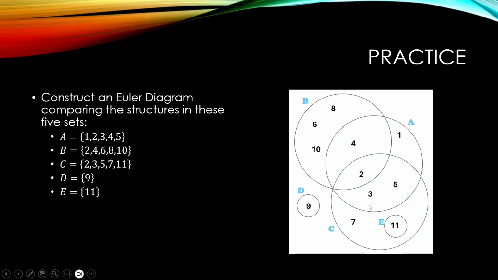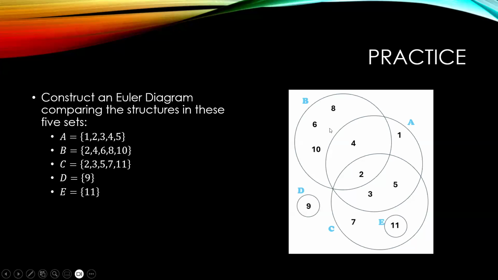And so if you look at this, we have sets A, B, and C all have 2 in common. A and B have 4 and 2 in common, while A and C have 2, 3, and 5 in common. A has 1, 2, 3, 4, 5.